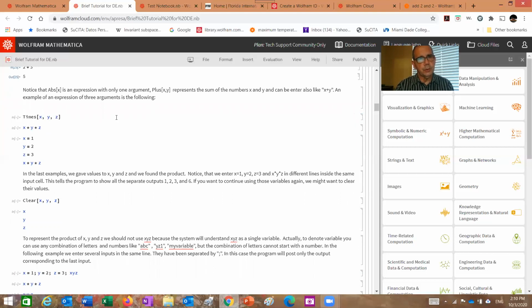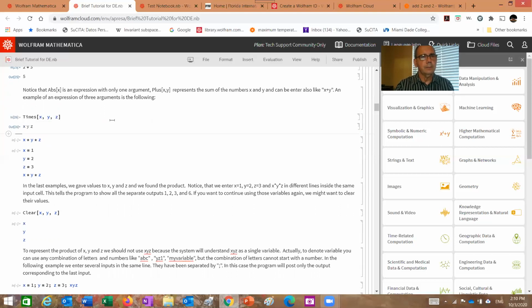For example, if you enter times of x, y, c, this is going to multiply x times y times c. Notice that when x, y, and c are not representing any values, then you get the same variables again, x, y, c, separated by spaces.